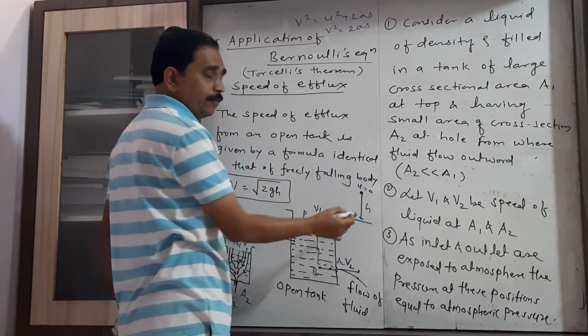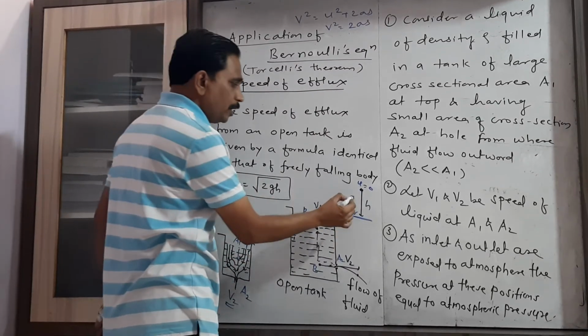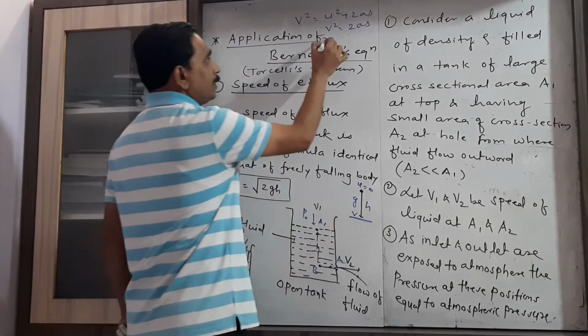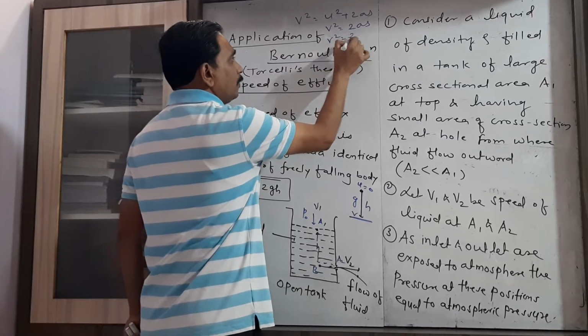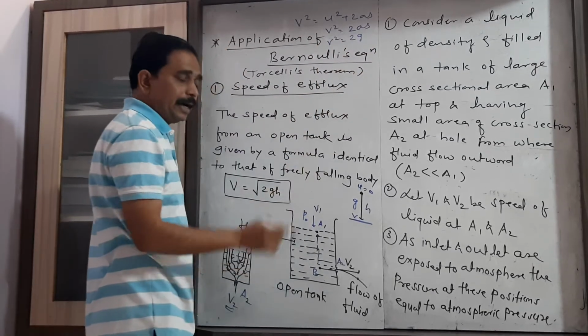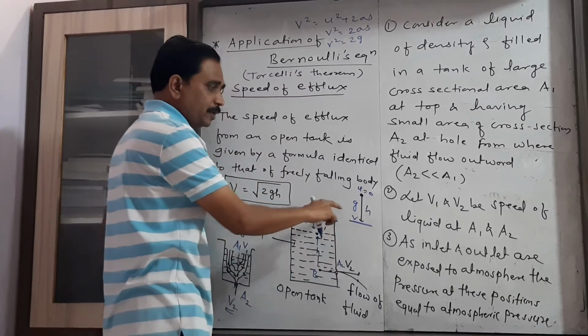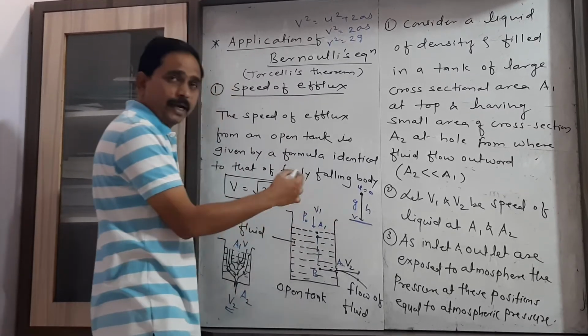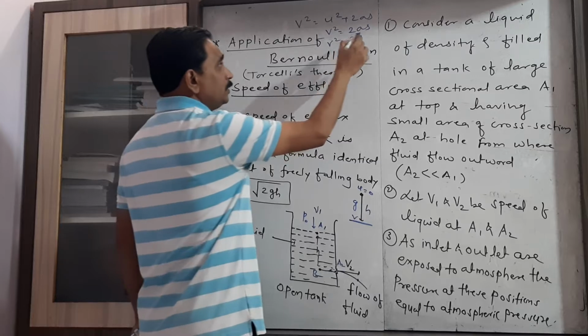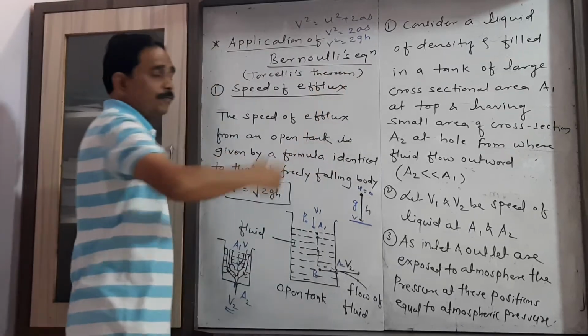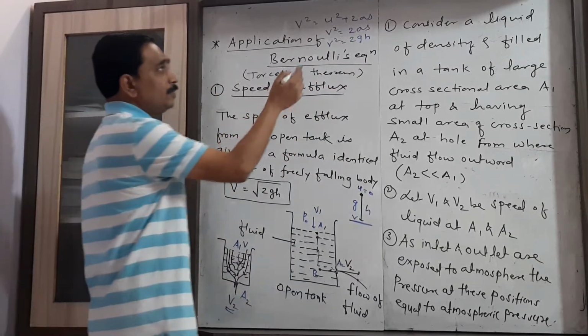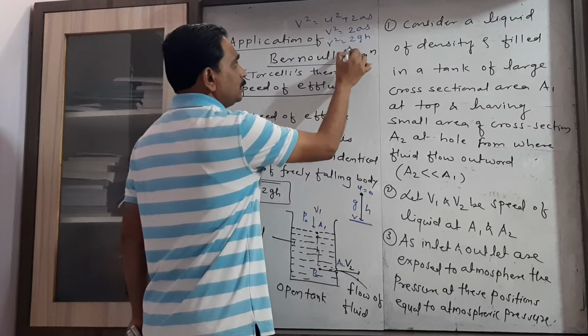Put the value a equal to g, because that body falls only because of acceleration due to gravity. So put a equal to g and s equal to h, as both are acting in the downward direction. So if we take a negative sign, that becomes positive. So displacement equal to height, and a equal to g, v square equal to 2gh.